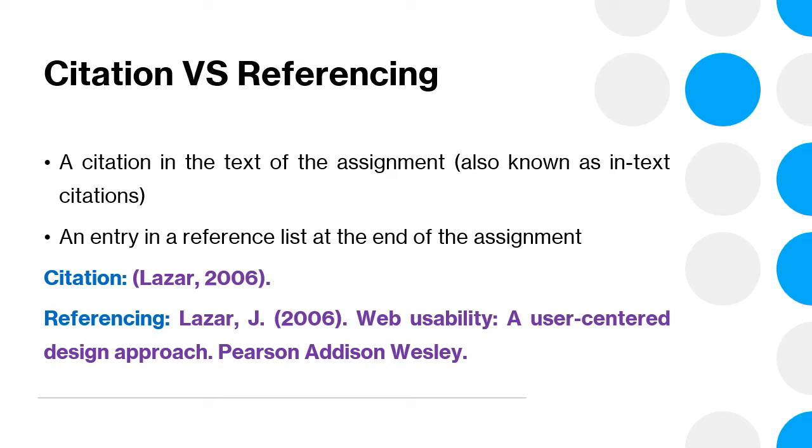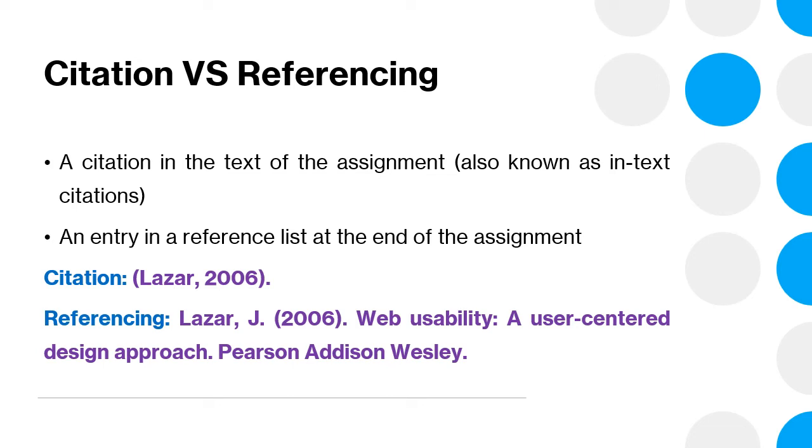But in the case of referencing, you cite in the text, but you give a full reference, or you can say the full address of that particular research: when this research was conducted, who conducted it, what the research title was, the website, or the DOI, digital object identifier number. All of this you will give in the referencing chapter, which is at the end of your research report.